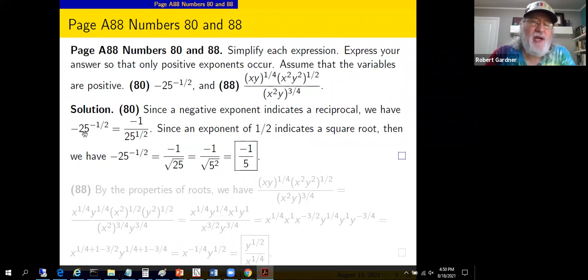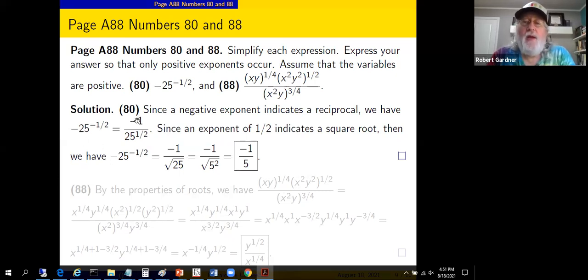So the exponentiation happens before the negative sign out front occurs. So we get the negative 1 in the numerator, and 25 to the negative 1/2. Negative exponents mean take reciprocals. So the 25 to the negative 1/2 can be rewritten as 1 over 25 to the 1/2. There's the negative 1 out front.